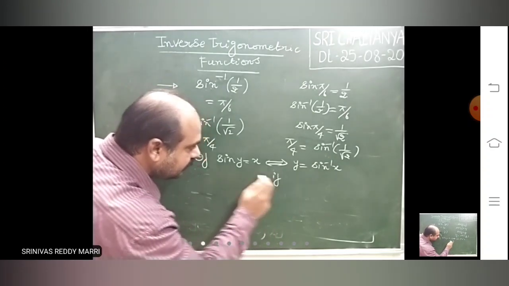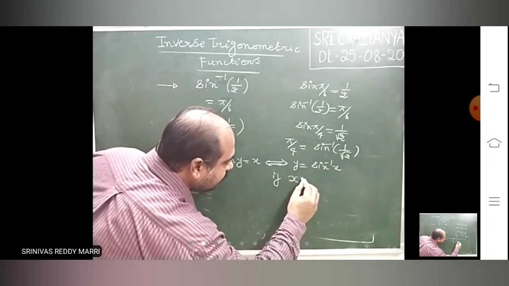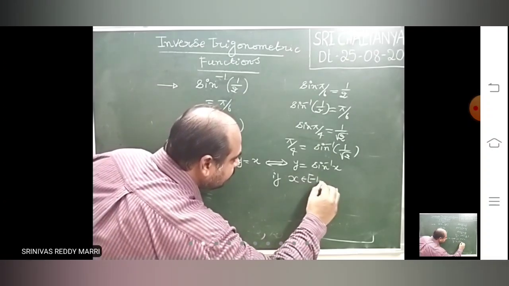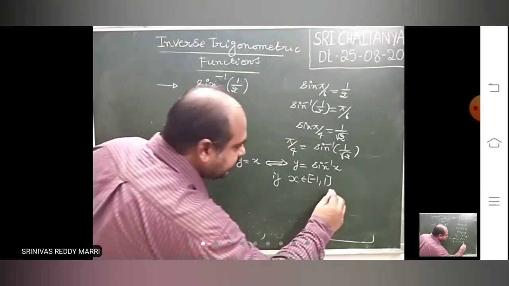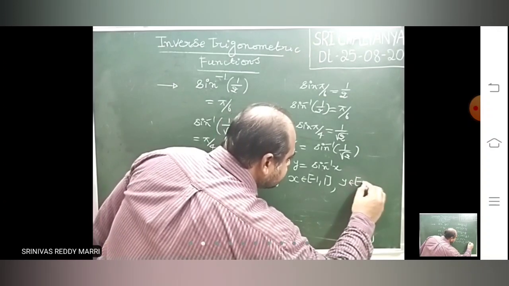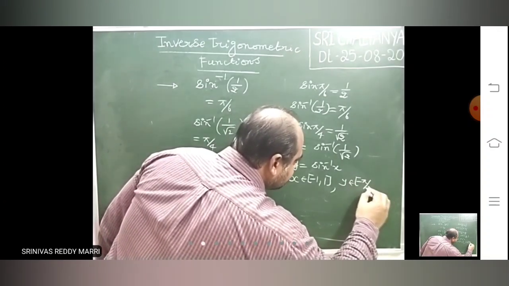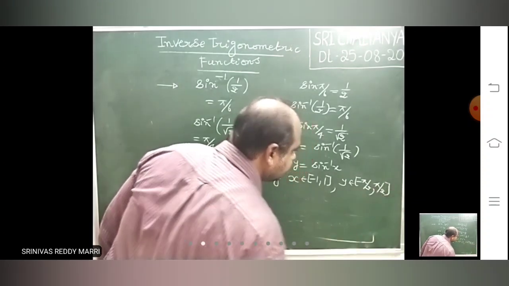Here x is the domain, so x must be in the interval minus 1 to 1, and y must be in the interval minus pi by 2 to pi by 2.